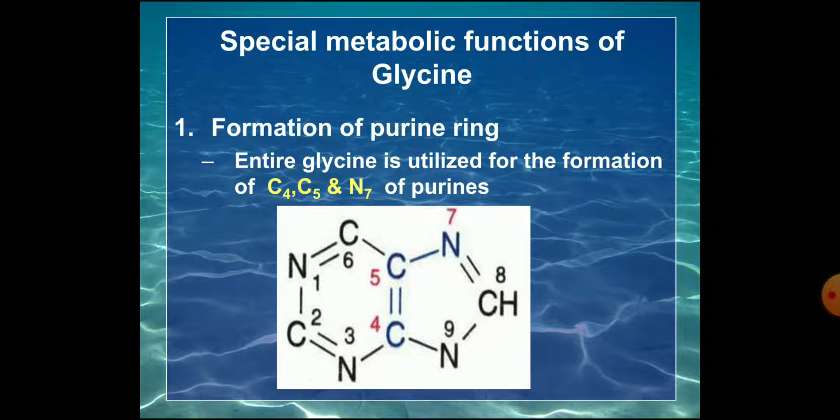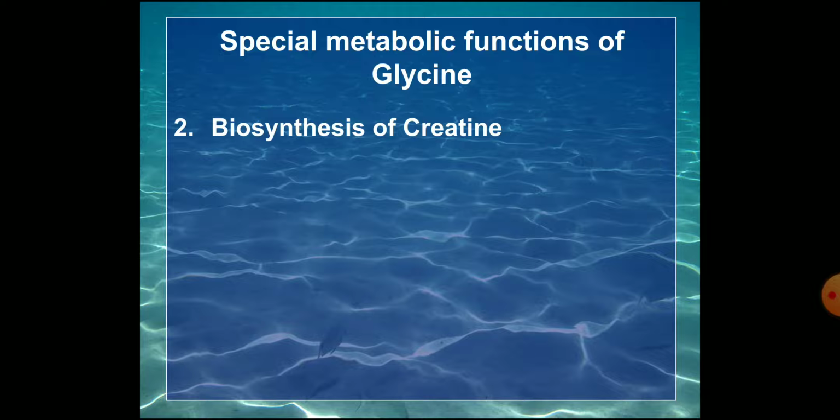So here carbon 4, carbon 5 and nitrogen 7 are from glycine. You can mark these C4, C5 and N7 and write that they are from glycine. The whole of the glycine is utilized for the formation of the purine base.